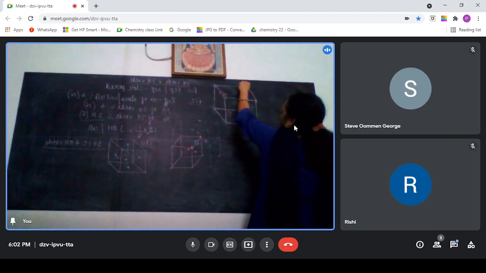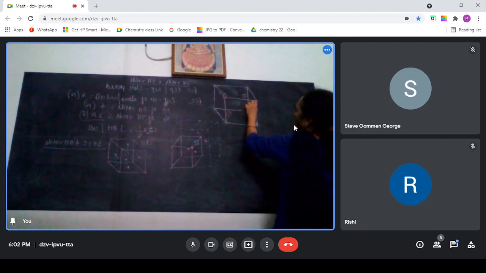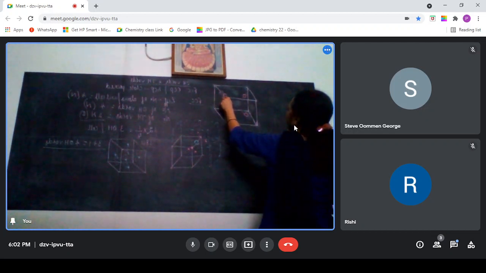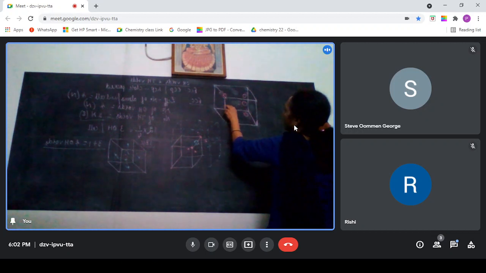So you will have one tetrahedral void here, one here, and then from here one tetrahedral void, from here one. 1, 2, 3, 4, 5, 6, 7, 8.